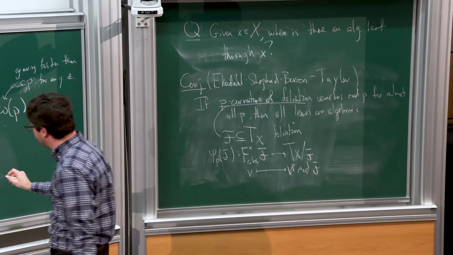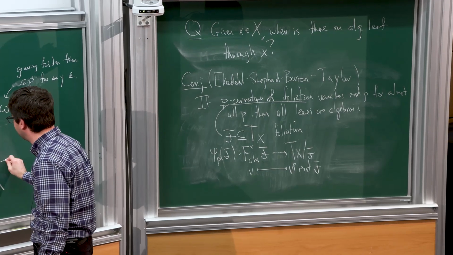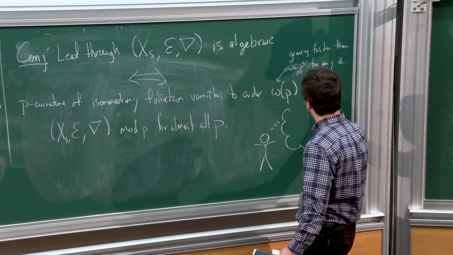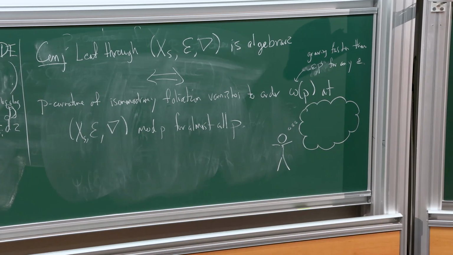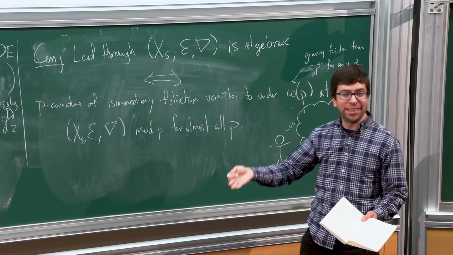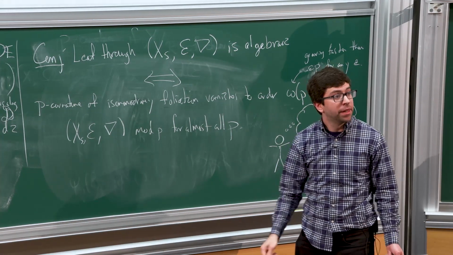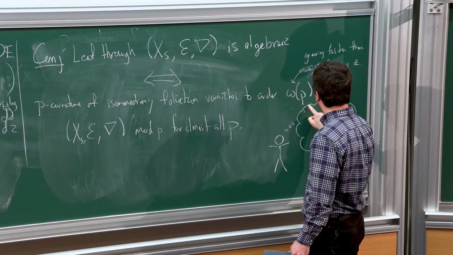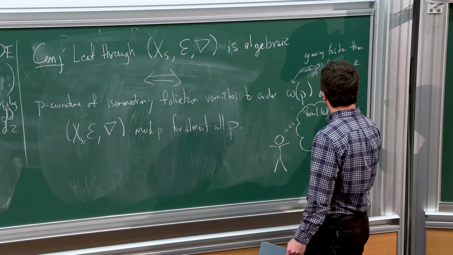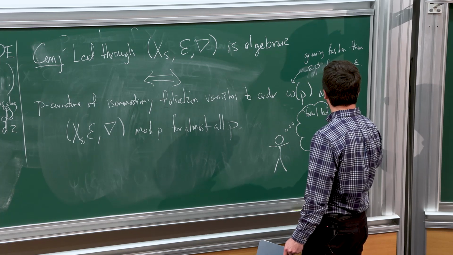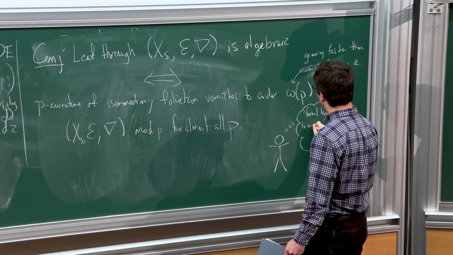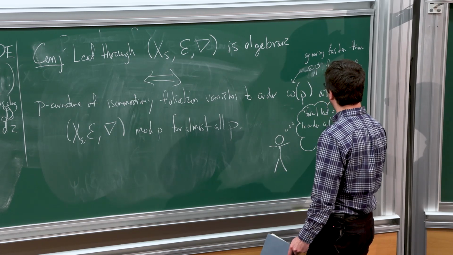OK, so let me say more concretely what this actually means. So if you have a foliation, you can formally integrate it using Taylor's formula. And what this really means is that the formal leaf is p-integral to order omega of p squared.